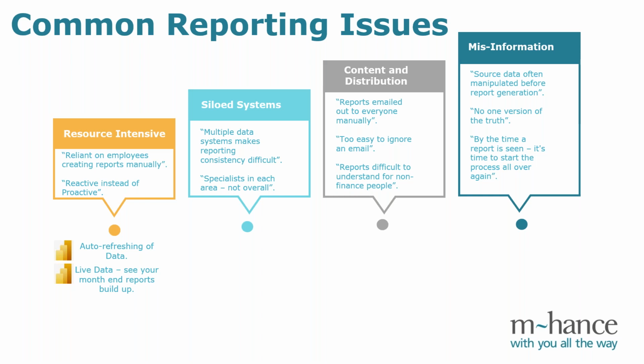An example of that, and for the non-NFPs on the call, we use Power BI at m-hance. We use Business Central at m-hance. We probably bill you SaaS in advance, support in advance. Our recurring revenues were initially built and done via spreadsheets. Now that we're using Business Central and we've got Power BI, we can actually see the way that the transactions are posted and they post into the future months.